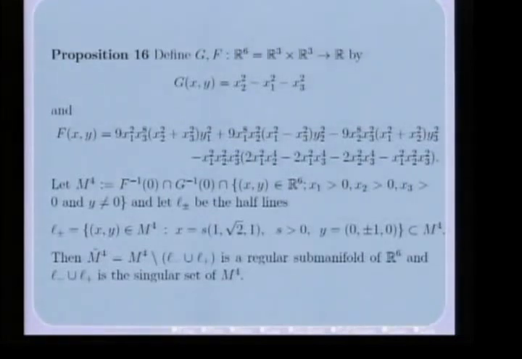It turns out that this manifold contains a pair of straight lines, of half lines, which are given by these expressions. And this turns out to be the singular set of this manifold. If you take them out, you get a regular submanifold of R^6.